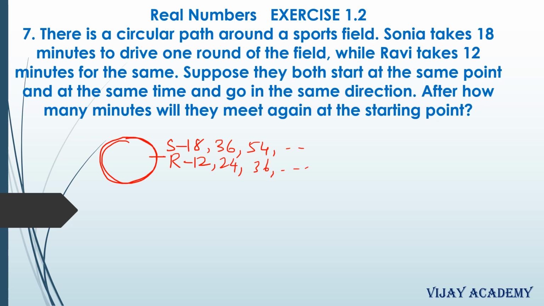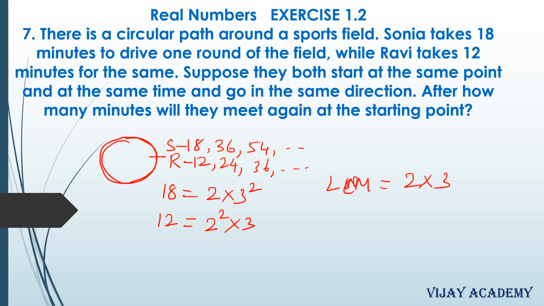So just write the prime factorization of 18, that is 2 into 3 square, and the prime factorization of 12, that is 2 square into 3. So now the LCM of these two numbers is equal to all the factors, that is 2 and 3, with their highest powers. So 2 square into 3 square, which is 36.